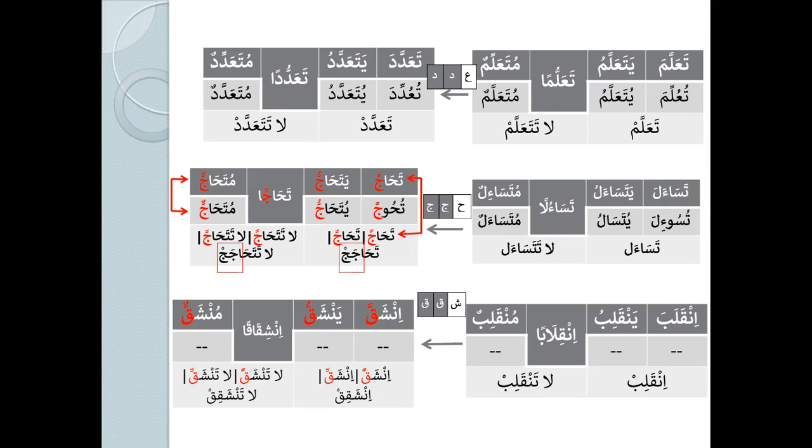In fail amar there are three variations, which are inshakka, inshakki, inshakik, and you see the split over here. Then again, fail nahi would be la tanshakka, la tanshakki, and la tanshakik. So over here, you can see that inshakka and inshakka, the fail amar and madi look the same.